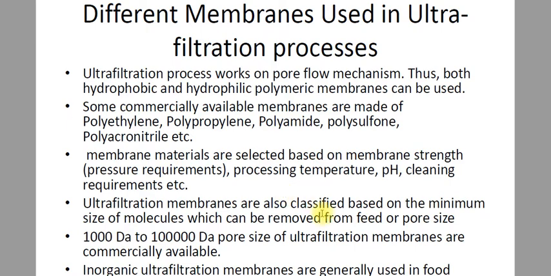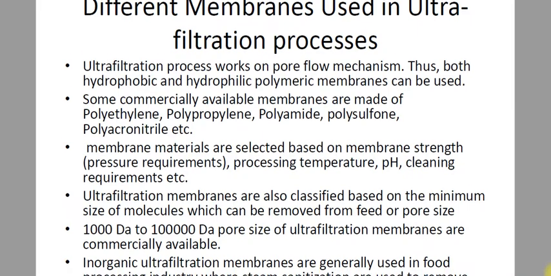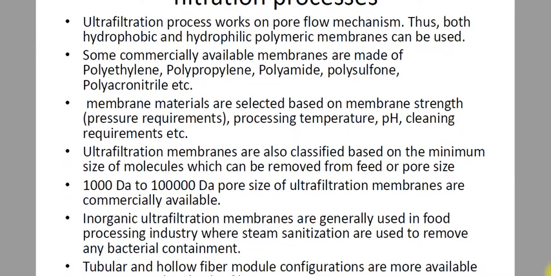Now ultrafiltration membranes are also classified based on the minimum size of molecule which can be removed from the feed, or the pore size of the membrane. If you go to the market to purchase an ultrafiltration membrane, the range of membranes available depends upon the pore size. It may come at around 1000 Dalton pore size, or 5000 Dalton, or 10,000 Dalton.